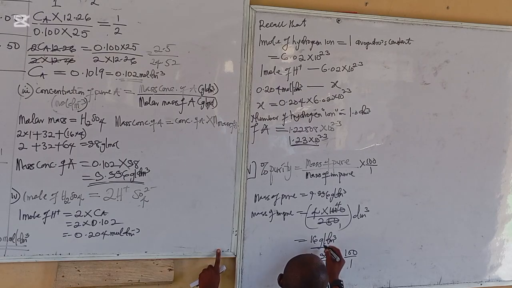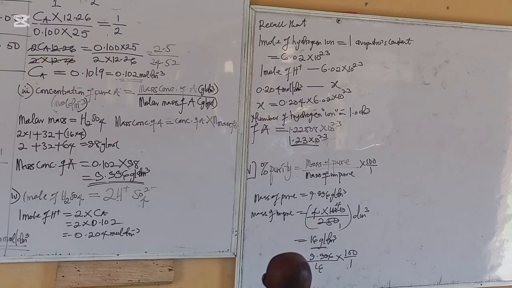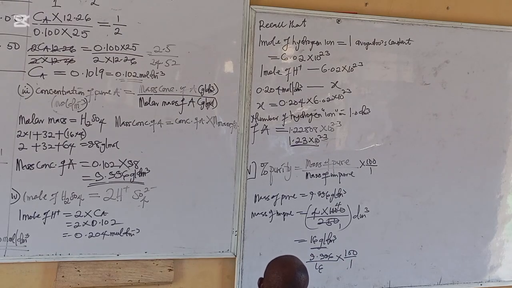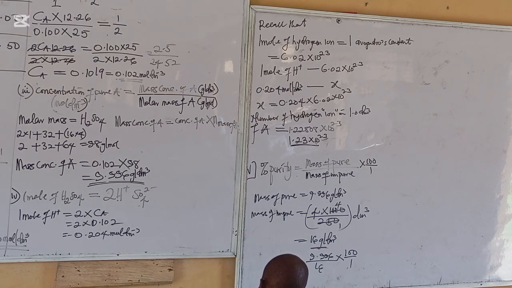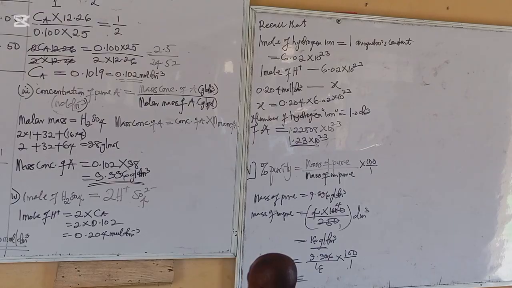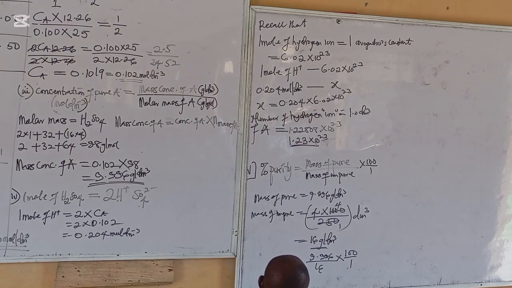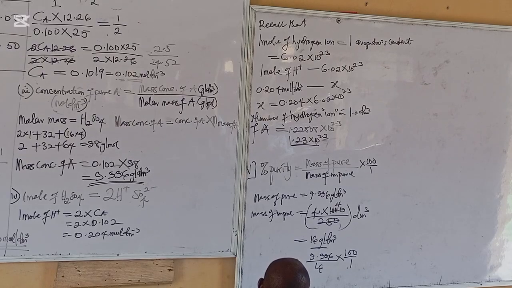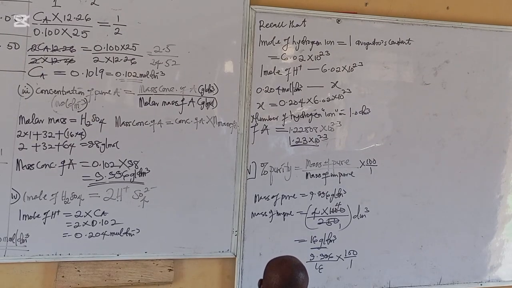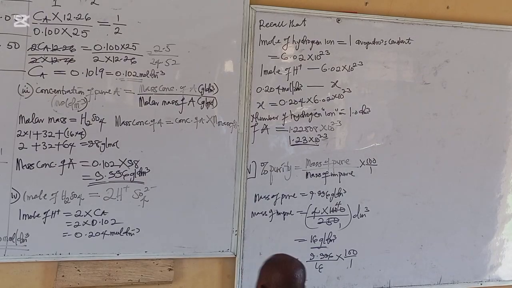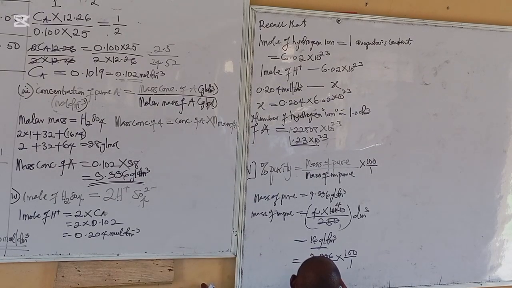Did you understand? So gram per dm cube cancels gram per dm cube. Therefore, somebody multiply and tell us the answer. 9.996 multiplied by 100 divided by 16 is 61.9.